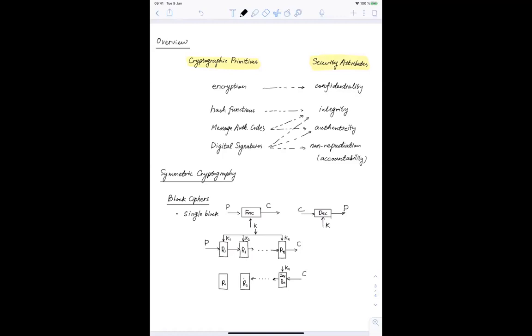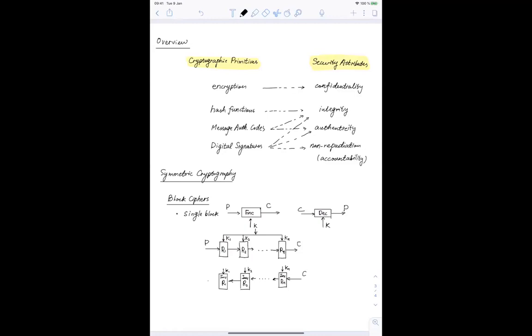But to be able to recover the original plaintext, we need the inverse of round function R2 and the inverse of round function R1. And we need the same round keys K2 and K1. The output of the inverse round function will be the input of the inverse of R1.